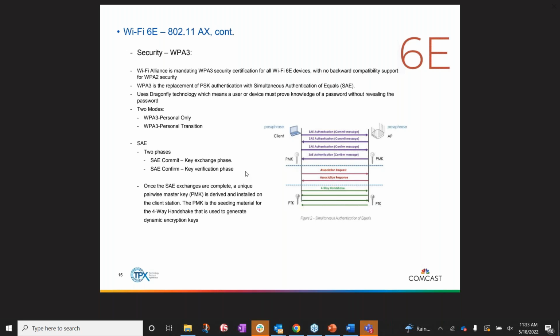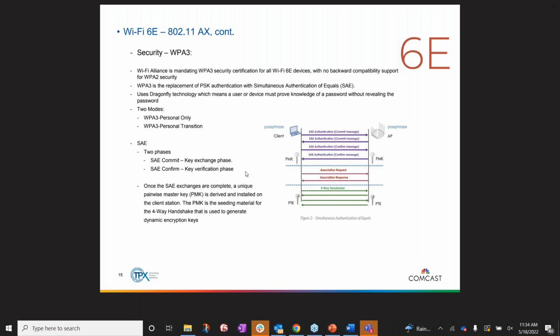SAE mode is Simultaneous Authentication of Equals. It is how the client and the AP prove to each other that they hold the right credentials; they exchange a few packets here. It happens in the authentication phase.